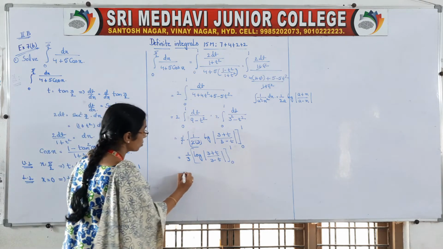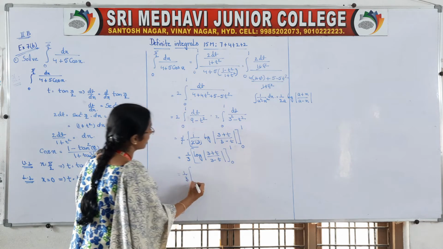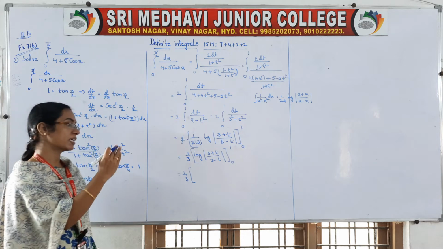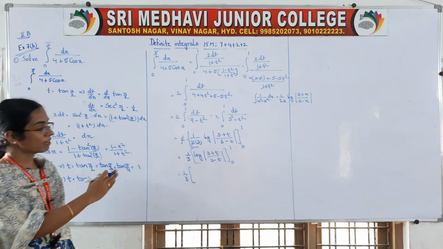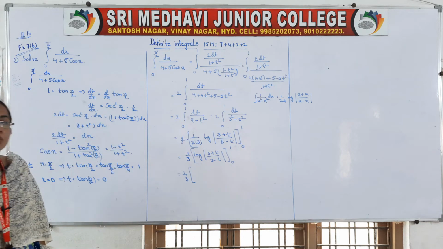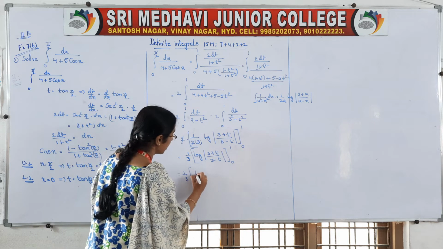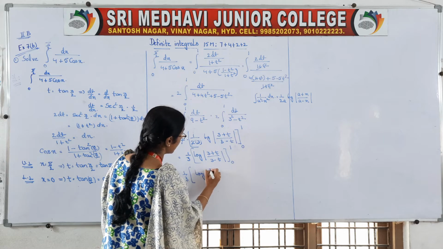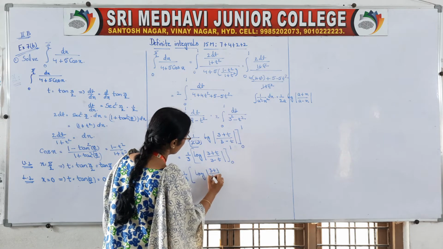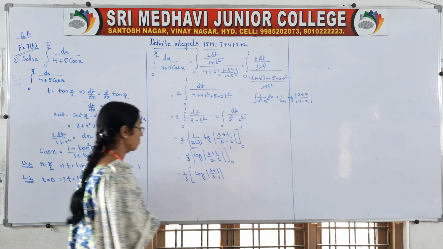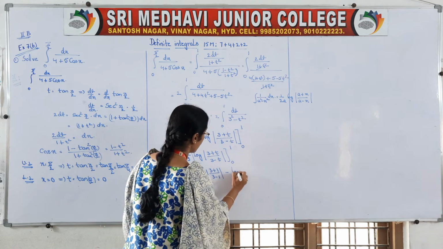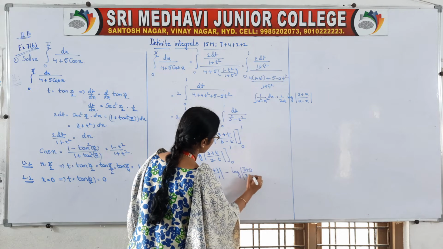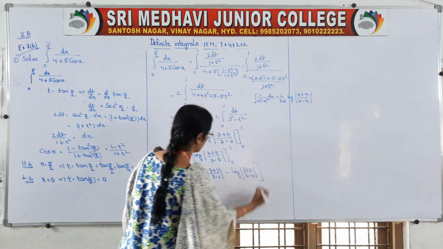So is equal to, in this entire function wherever t is there, first upper limit minus entire function wherever t is there, we have to substitute 0. So it is log of 3 plus 1 by 3 minus 1, minus log of 3 plus 0 by 3 minus 0.